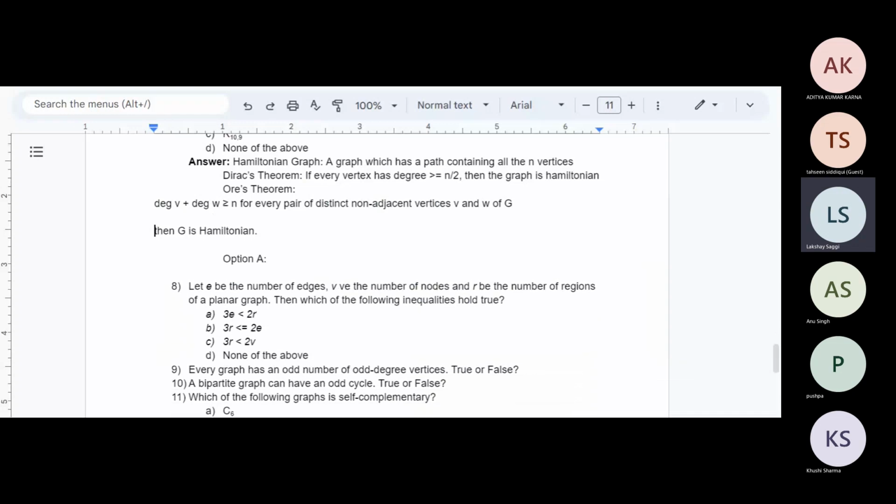Maybe I could have written it down myself only. That would have been much better. But okay, this is what the theorem claims, that if this statement is true, that degree of V plus degree of W for every pair of distinct non-adjacent vertices V and W of G.